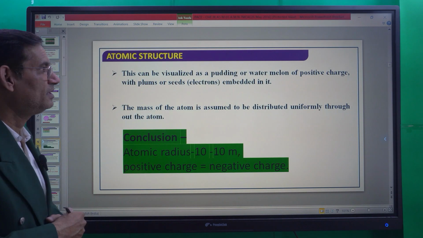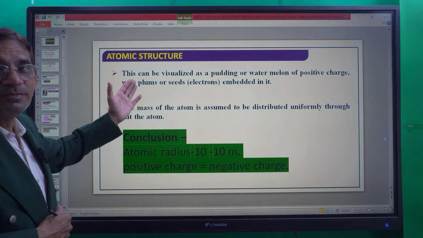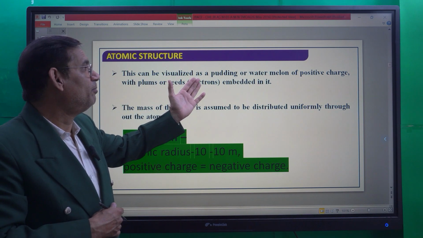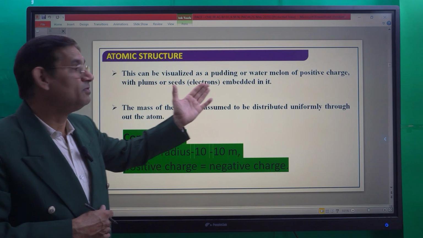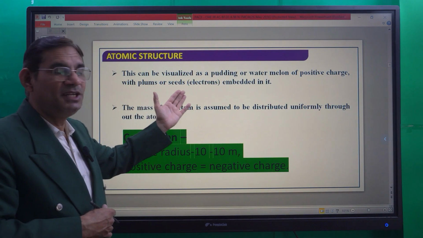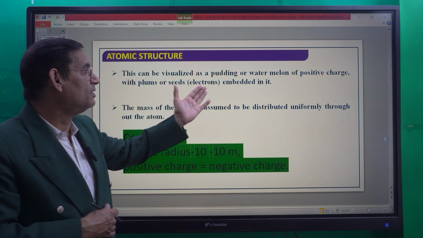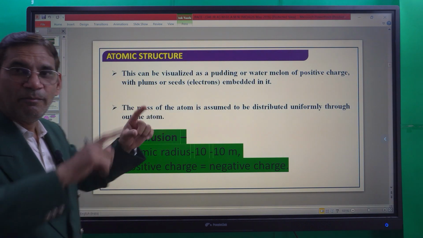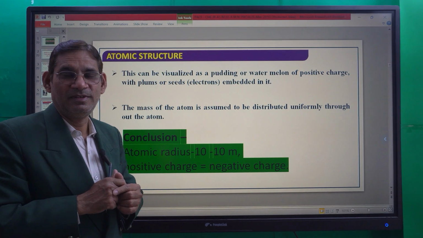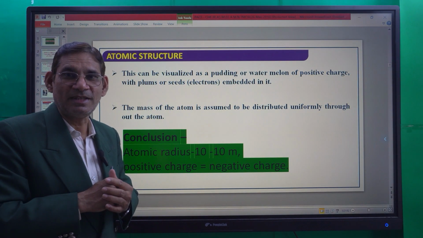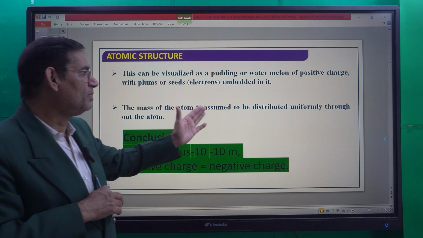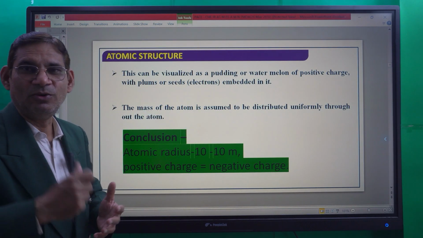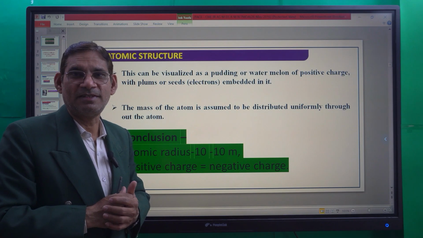Now see, you can visualize Thomson's atomic model as a pudding or watermelon of positive charge with plums or seeds, that is electrons, embedded in it. According to J.J. Thomson's atomic model, the mass of the atom is distributed uniformly throughout the atom, because electrons are almost massless.